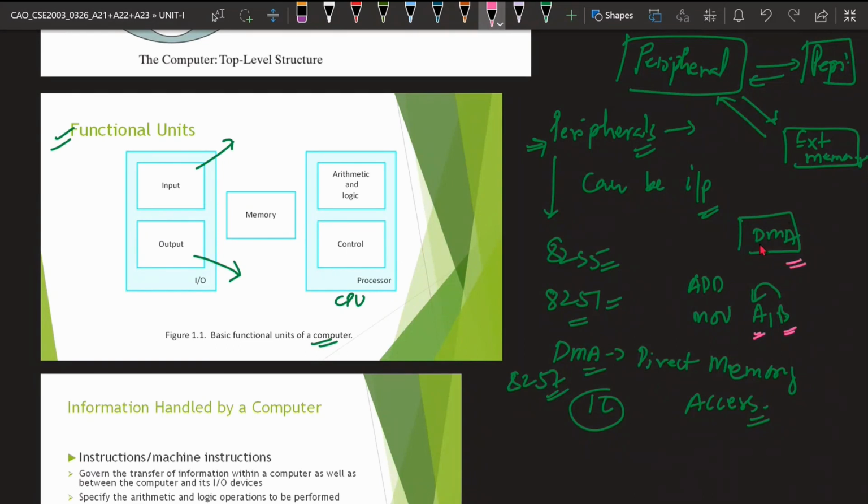Why is DMA used? In terms of speed, the processor has speeds in gigahertz, like 2.7 gigahertz. But external memories and external peripherals have very little speed.